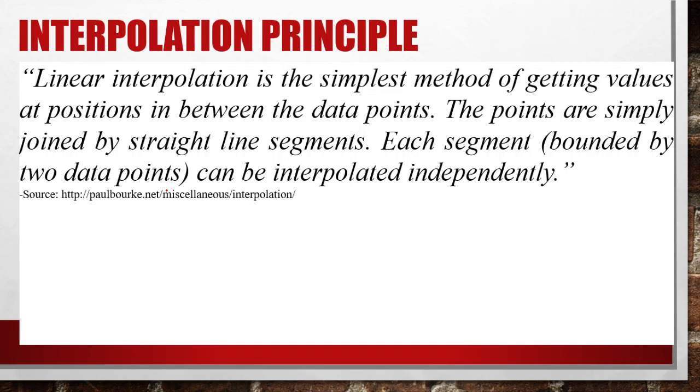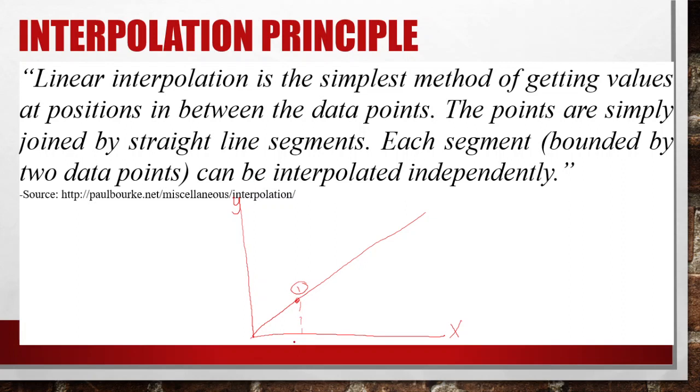Each segment, bounded by two data points, can be interpolated independently. So what I mean by that is, for example, this is your x and y axis. Now, suppose you are given the value of the first point.